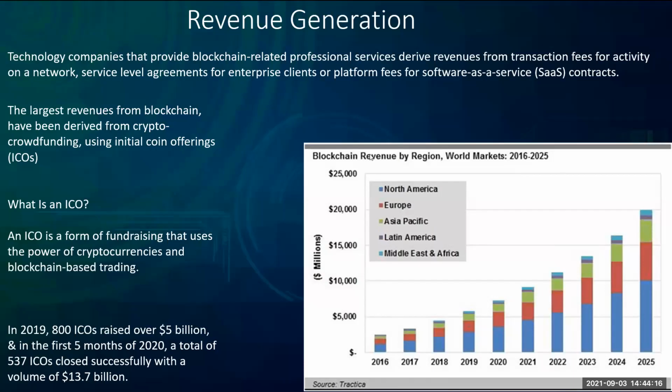So we'll talk about revenue generation. Revenue generation from blockchain is basically divided into two parts: one derived from cryptocurrencies, and the other derived by companies who provide blockchain services to other companies. Now, what are these?